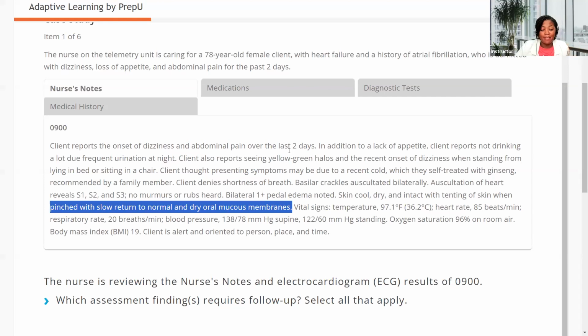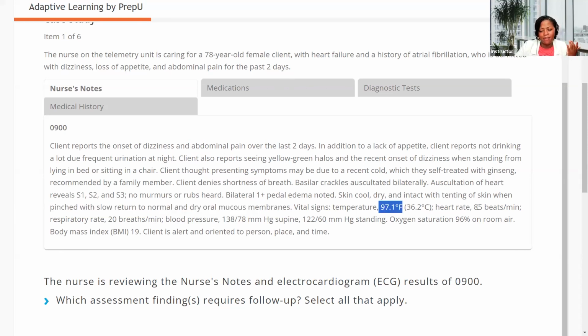Yeah, we saved the best patient for last, right? She's got a lot going on. All right, let's wrap this up here. Vitals are 97.1, heart rate's 85, respiratory rate is 20, blood pressure is 138 over 78 supine, 122 over 60 standing up. So there was a drop there. Oxygen status 96 on room air, which is great.